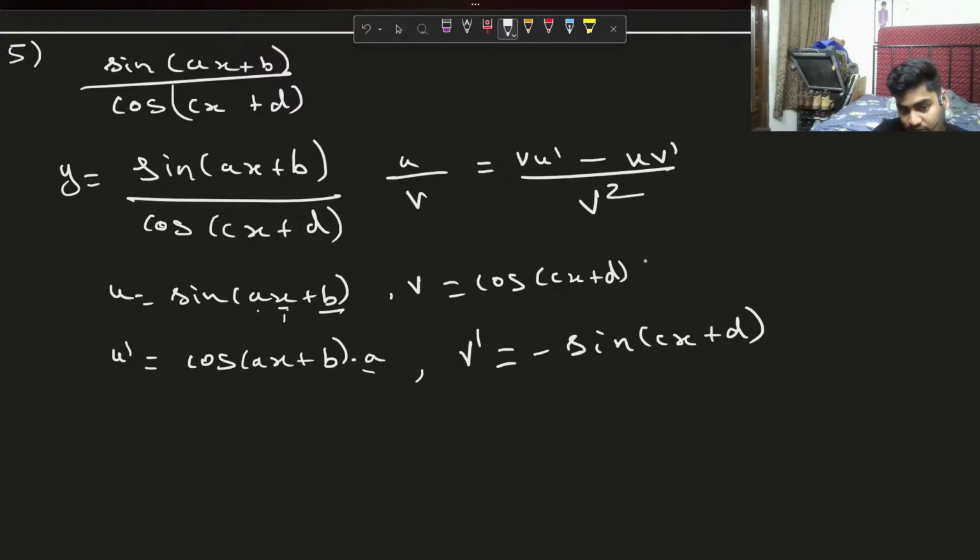So it is a plus 0 is a, and the same applies here, it is c. Just substitute there.